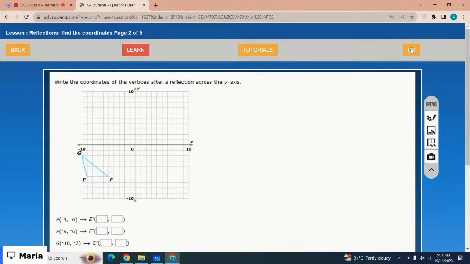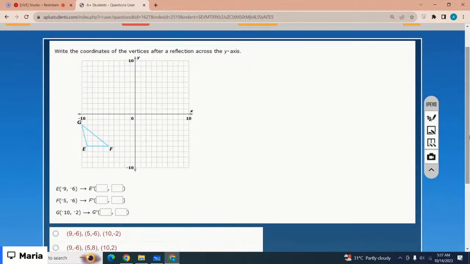Okay, write the coordinates of the vertex after reflection across the y-axis. Okay, now you are going to reflect across y-axis. So y values would be the same. Just the sign of the x values are changed. Negative 6, negative 6, negative 2. It would be 9, 5, and 10.